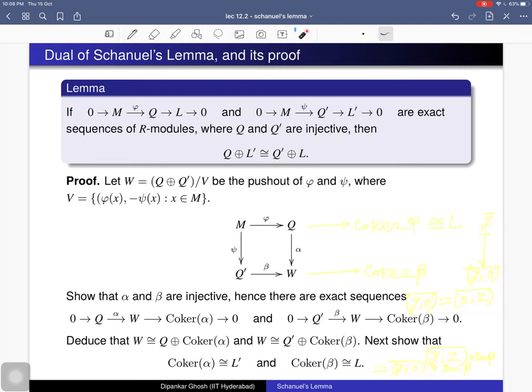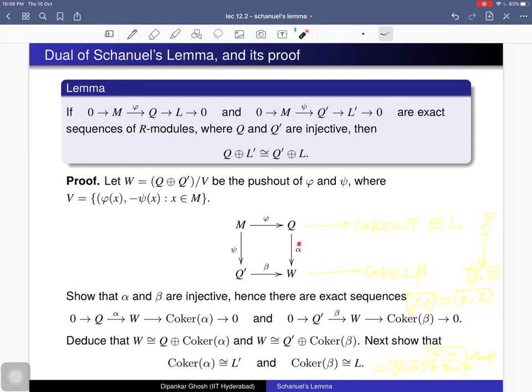It is just the quotient module of the direct sum of these two modules Q and Q prime modulo V. So, V is given by this thing. And then we have also verified that if phi and psi are injective module homomorphisms, then that implies that alpha and beta are also injective module homomorphisms.